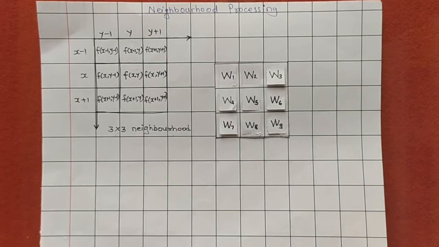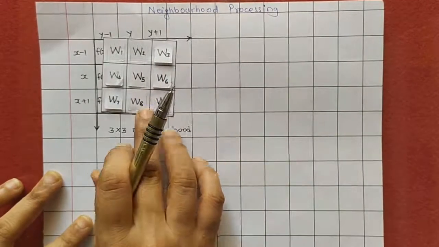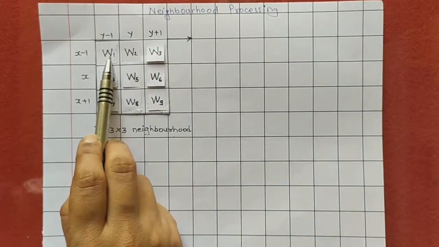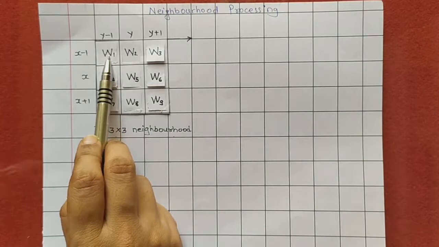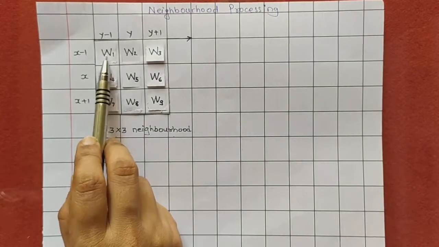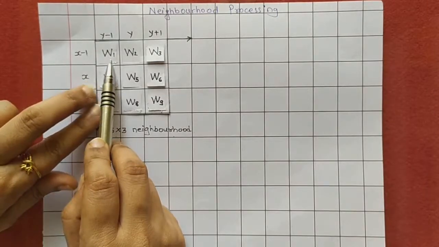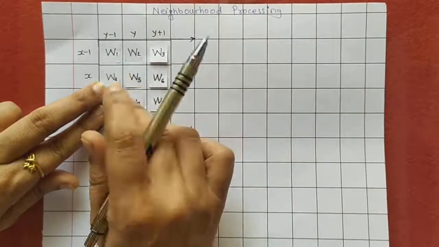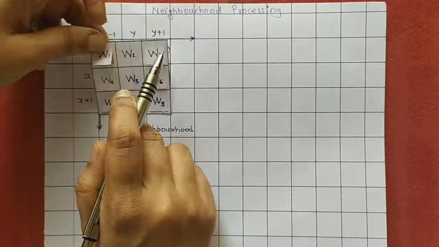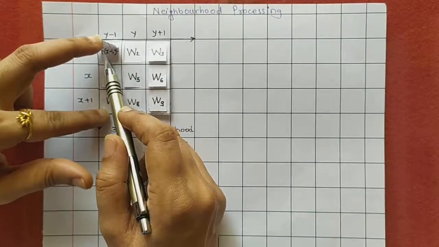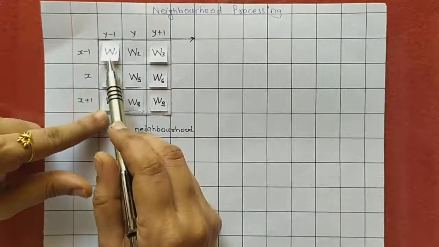Here what we have to do is keep this mask on our image and multiply the corresponding value of the mask with the corresponding value of the pixel. That means we multiply W1 with the pixel corresponding to W1, which is f of x minus 1, y minus 1.